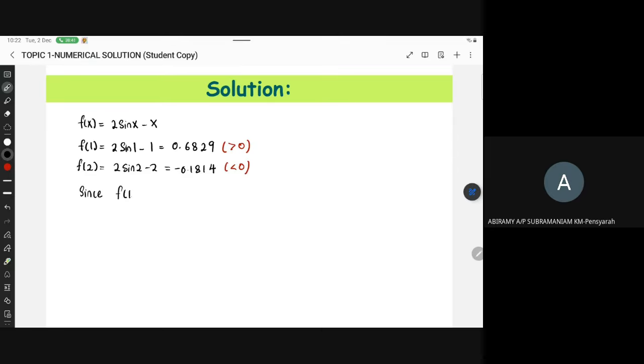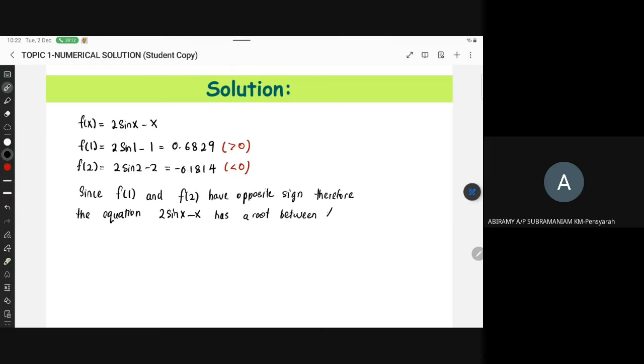We are going to write the conclusion: since f(1) and f(2) have opposite sign, therefore the equation 2 sine x minus x has a root between x equals to 1 and x equals to 2. So I hope you can still remember the method, change of sign.